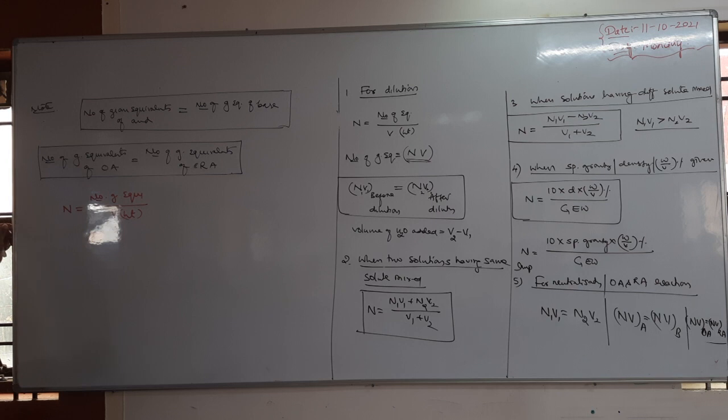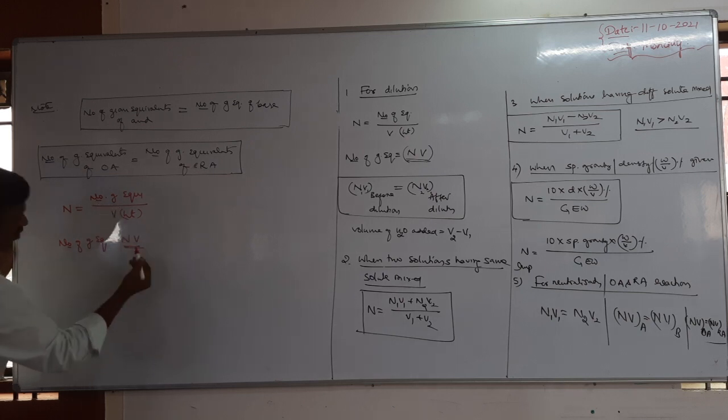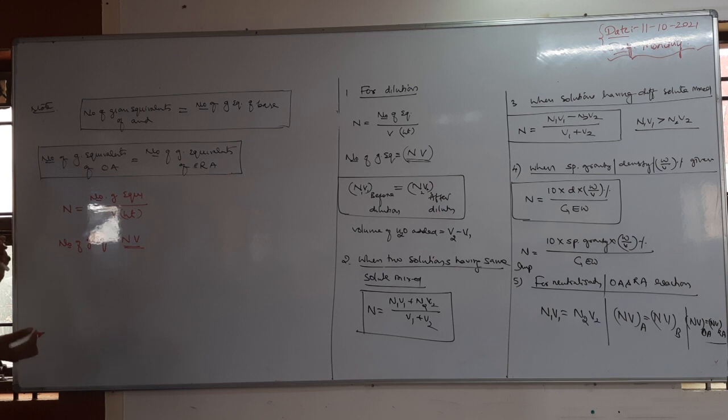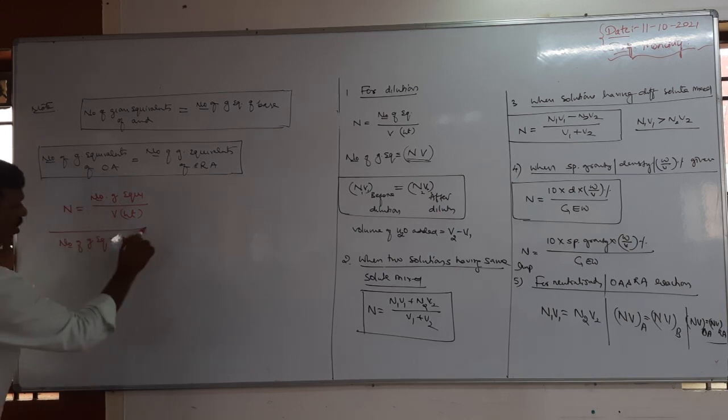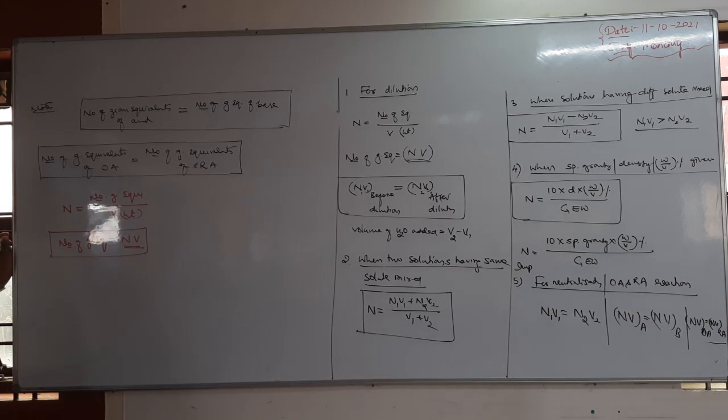From this formula I want the number of gram equivalents. So number of gram equivalents equals N into V, V in liters. This is one relation.